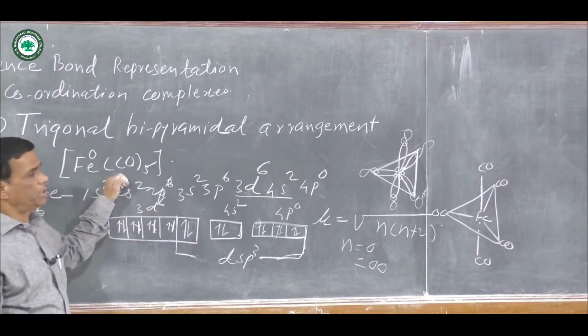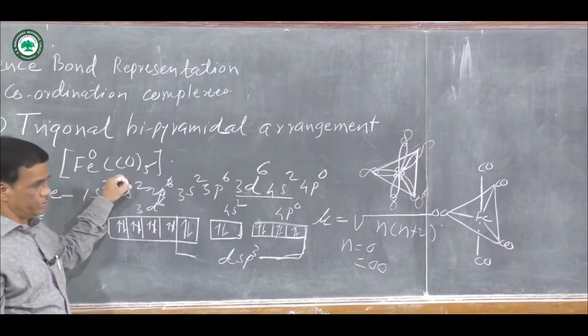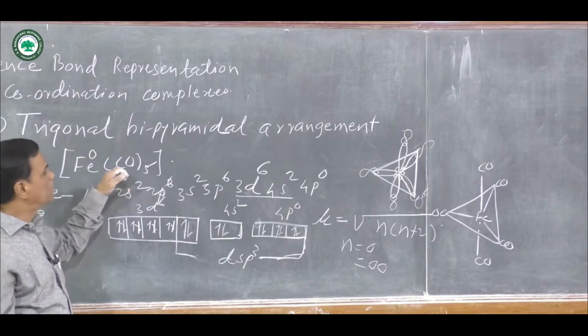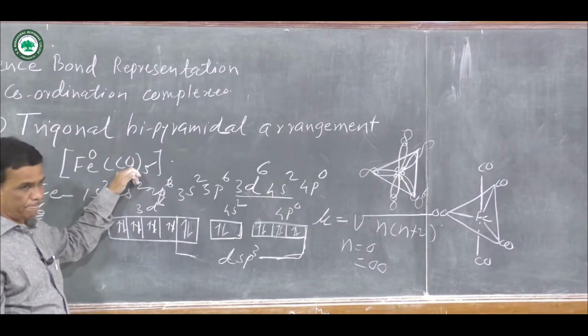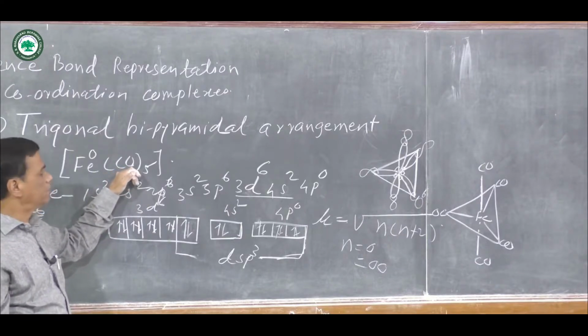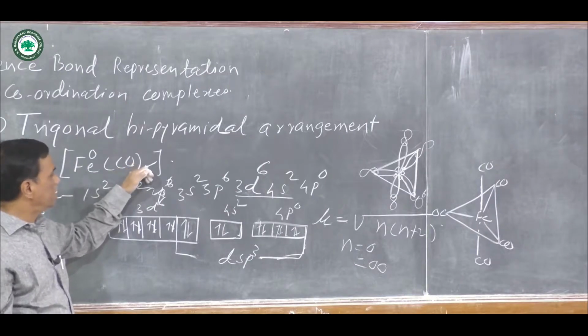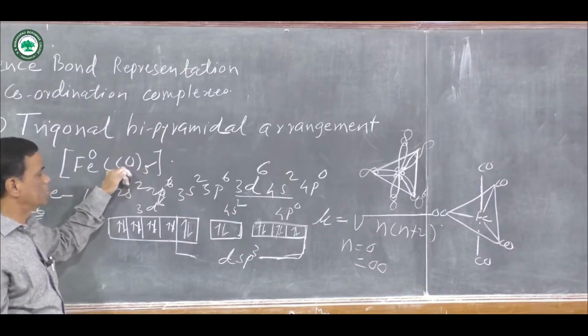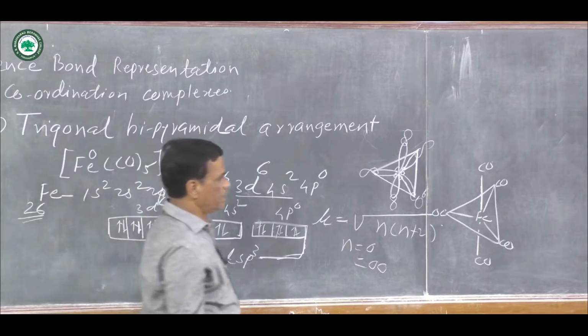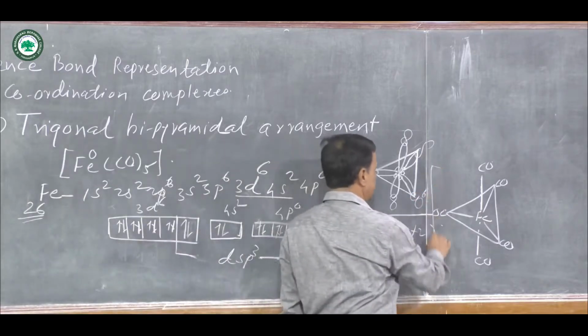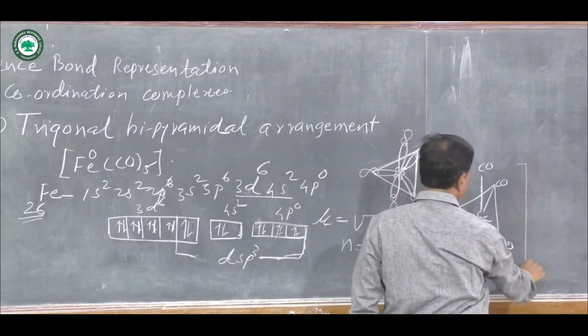The number of unpaired electrons is equal to 0. Therefore this complex compound is diamagnetic in nature.